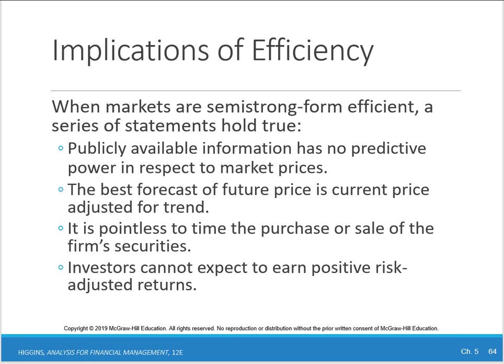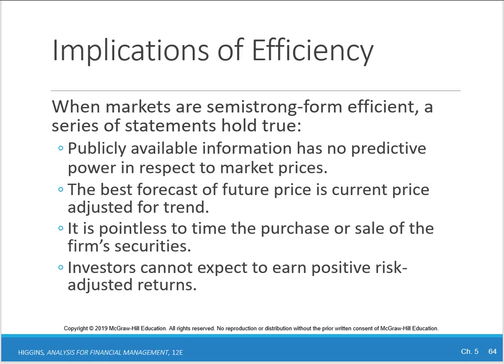So, what does this imply? If markets are semi-strong efficient, then we can make these statements and they should hold true. Publicly available information has no predictive power on market prices. The best forecast of future price is current price adjusted for trends. It's pointless to time the sale or purchase of firm securities.